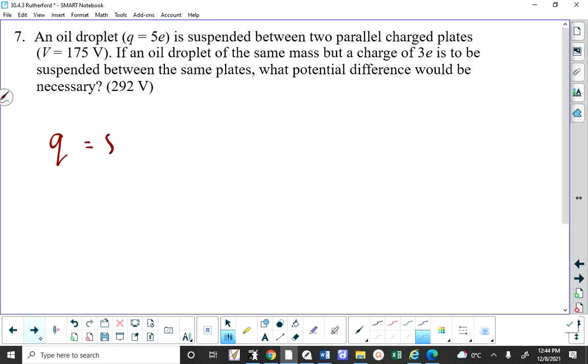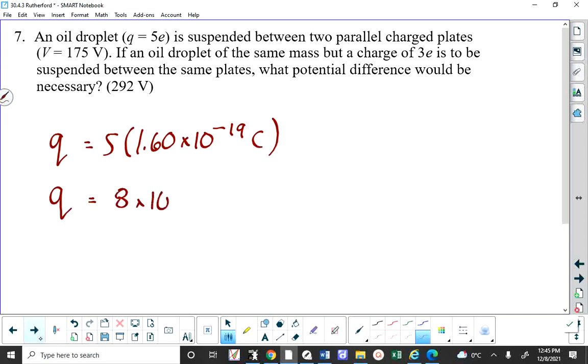We can take 5 multiplied by 1.60 times 10 to the negative 19 coulombs and get, I believe, 8 times 10 to the negative 19 coulombs. And this drop is suspended at 175 volts.